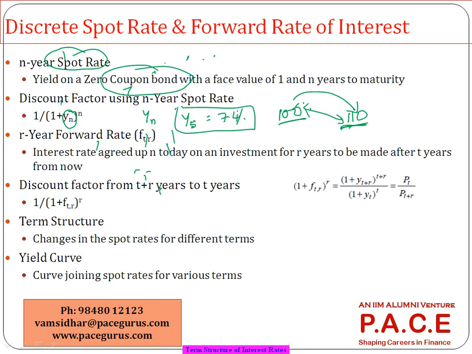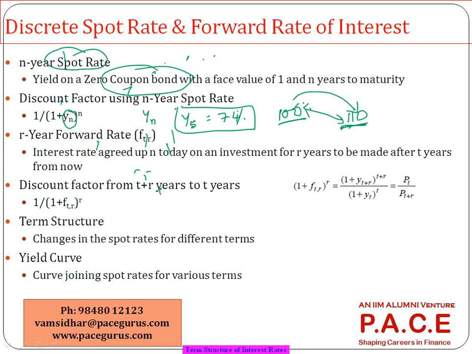you can discount the cash flow of that particular period using this discounting factor. So the spot rate is a very important aspect in terms of valuing any kind of bond. We'll see at a later date. We'll take up one small numerical to see how this spot rate will help me in pricing a bond, how this spot rate will help me in calculating what should be the amount that should be paid to acquire a particular bond.